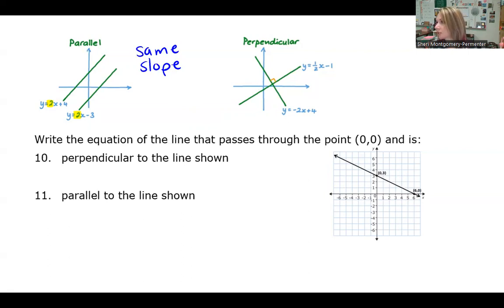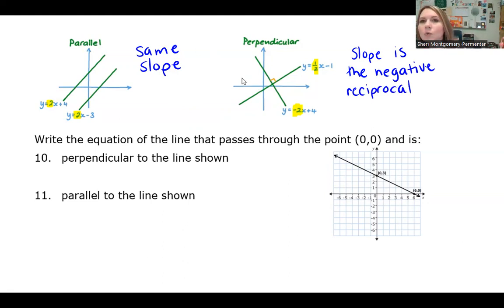Perpendicular lines cross each other at a 90-degree angle, and their slopes are also interesting. They're not the same. We call that the slope is the negative reciprocal. So what does that mean? Reciprocal just means that it's flipped.